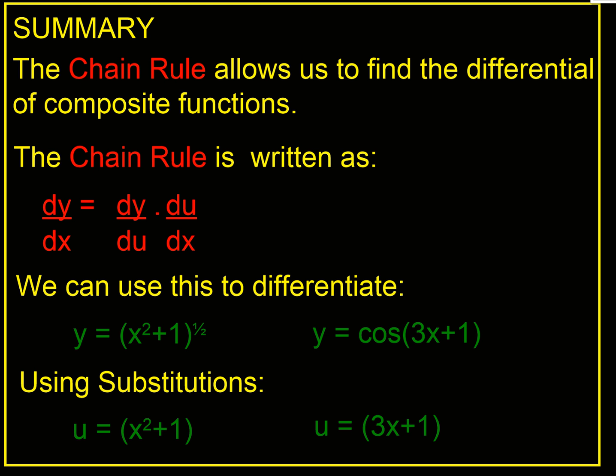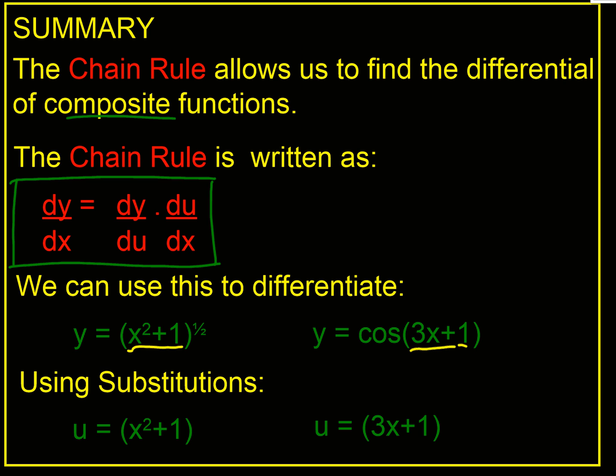So in summary, the chain rule allows us to differentiate a composite function. It's written in this form: dy by dx equals dy by du times du by dx, and we can use it to differentiate composite functions of forms like this one here, where y equals x squared plus 1 all in a bracket to the half, or y equals cos of 3x plus 1.